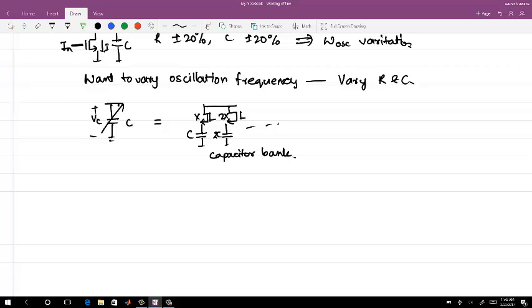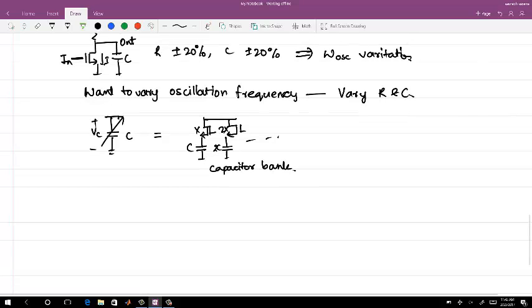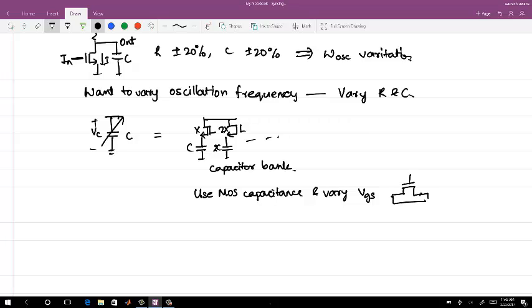So I can use MOS capacitance and vary VGS, right? What I am saying is you can vary this voltage plus minus VC.